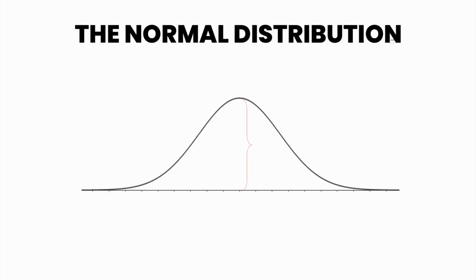The height of the normal distribution refers to the likelihood of a certain event. On this location, the event is more likely, while on this location, the event is less likely. Let us have an example of normal distribution in real life.